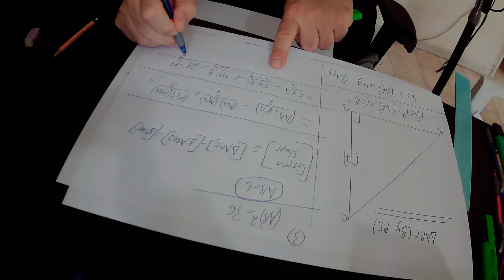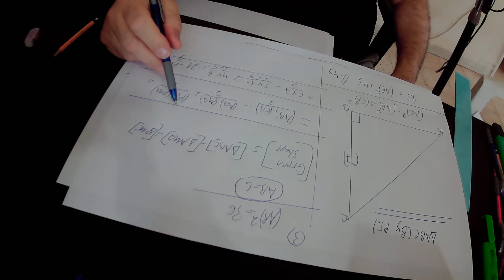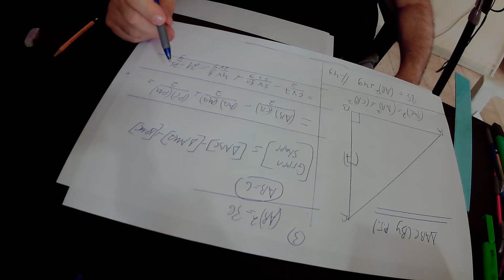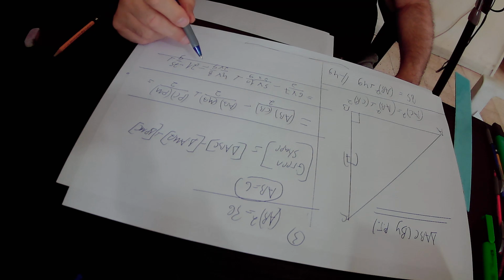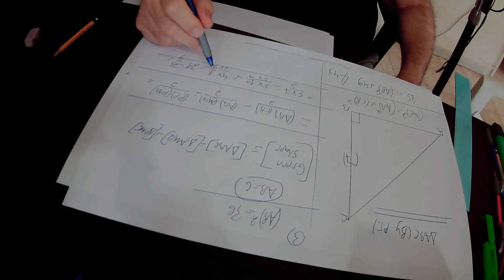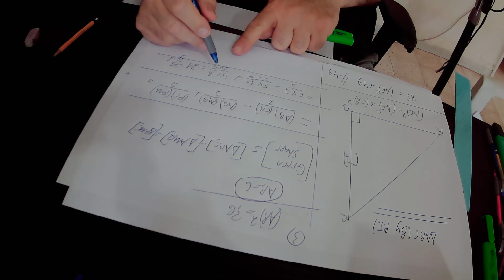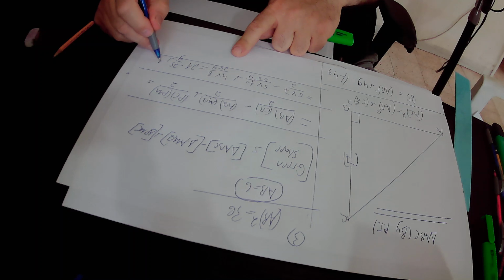So 25 over 9 is the area of the right triangle AMQ, plus the area of the right green small triangle PMC, that equals 4 times 8 over 2 times 9. Here 8 over 2 is 4, and 4 times 4 is 16. So in total, this expression equals 16 over 9.